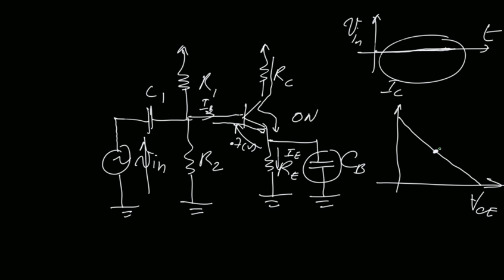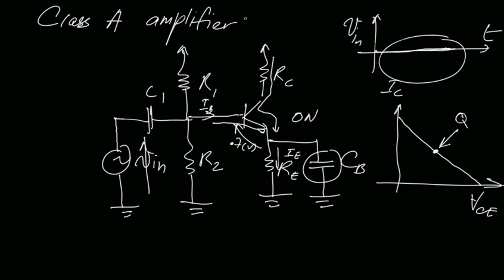We've seen that the best place to bias our transistor, by choosing RC, R1, R2, and RE appropriately, is to have the quiescent point right in the middle. That gives us the maximum possible swings up and down around the quiescent point when we apply an AC signal. This type of amplifier is known as a Class A amplifier.